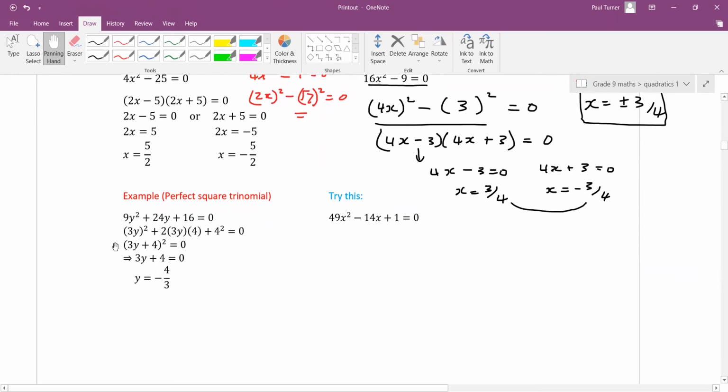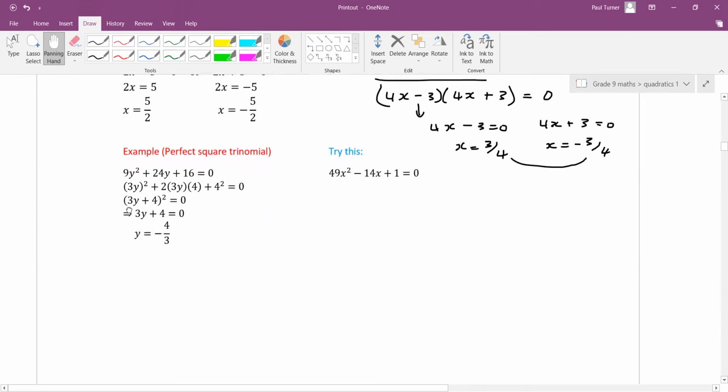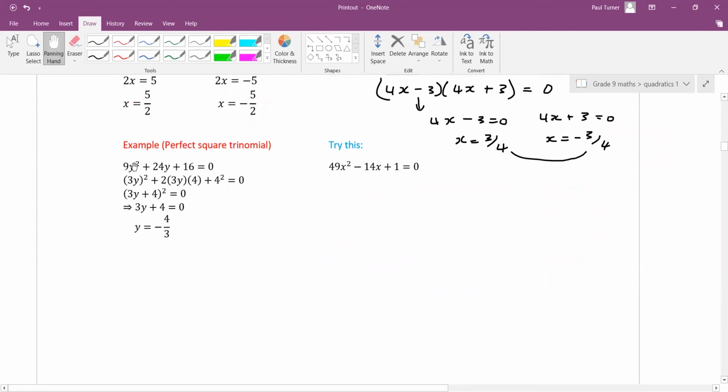So for your perfect square trinomials, come up a bit. So let's write that out again. All the writing's here, so you don't have to copy it again, but I'll explain here. So you've got 9y squared plus 24y plus 16 equals 0. So when you see a question like this, and we have something that's something squared on the first term and the last term, so write that as 3y squared.